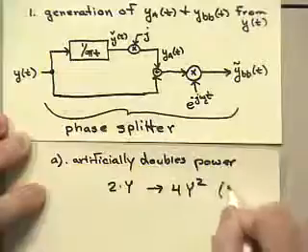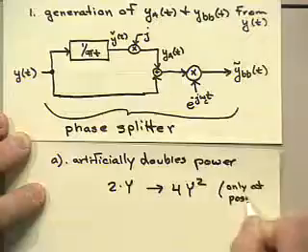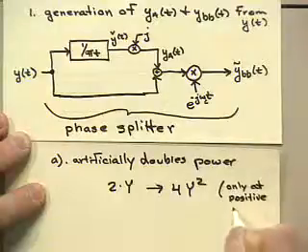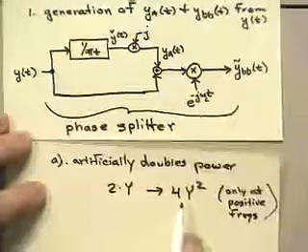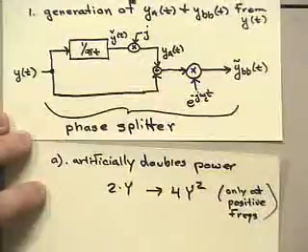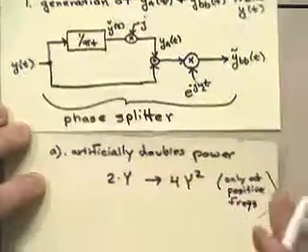But this is, of course, only at positive frequencies. I could think of that power being quadrupled at the positive frequencies, but because I don't have the negative frequencies anymore, it's only double the power in the system.